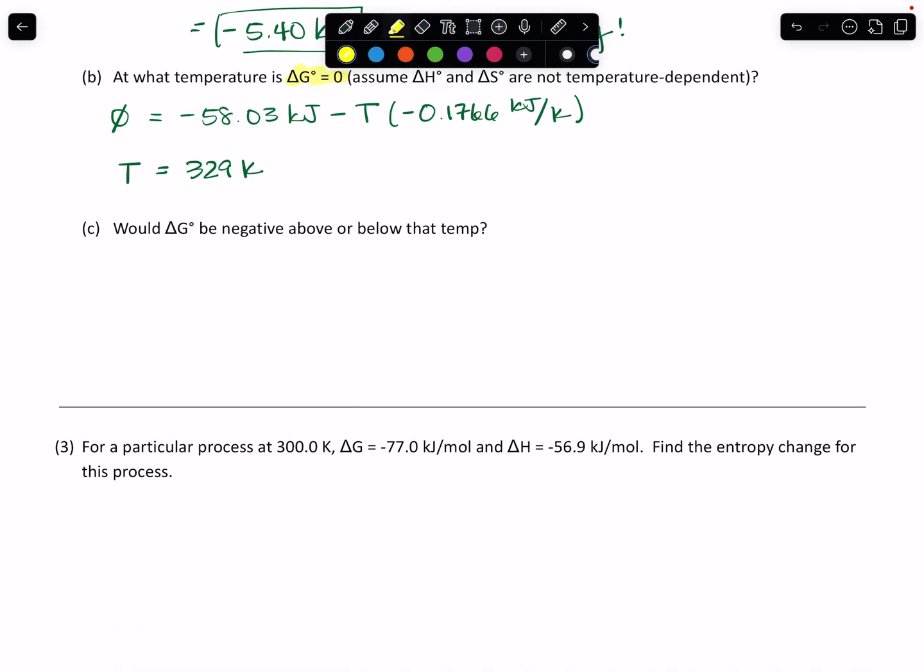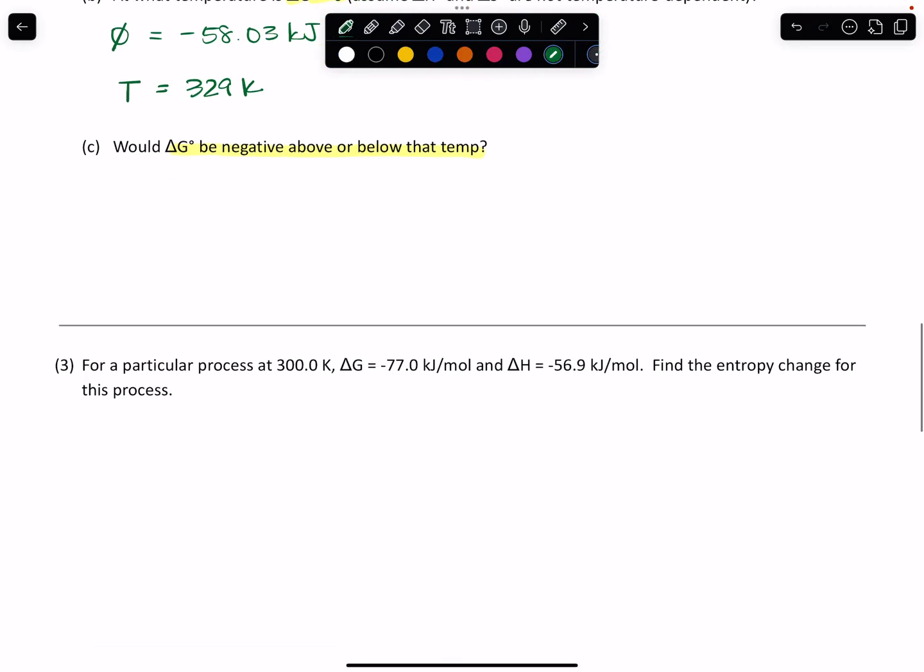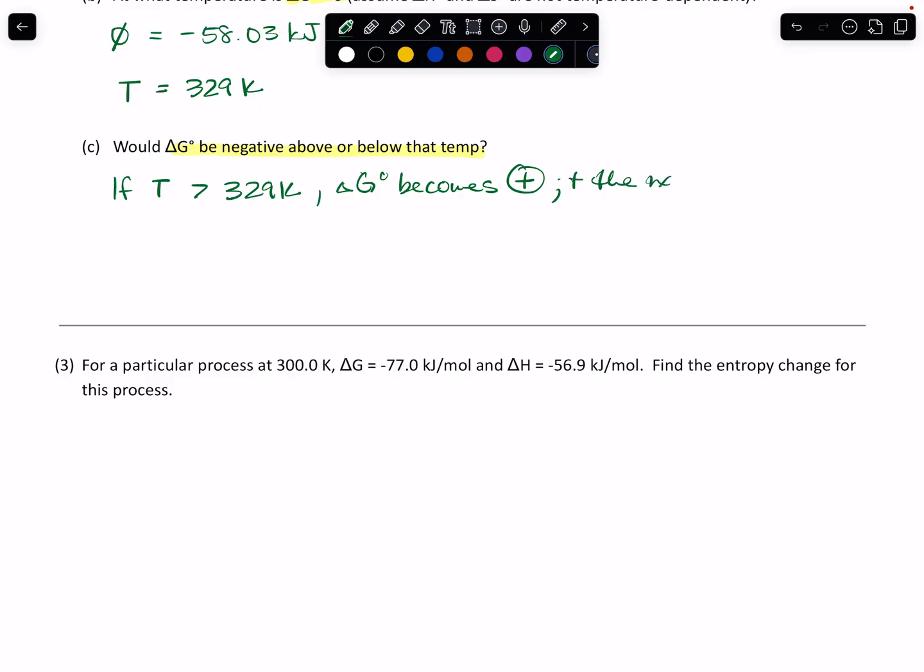So would delta G be negative above or below that temperature? If the temperature is greater than 329 Kelvin, delta G becomes positive, and the reaction becomes unfavorable.